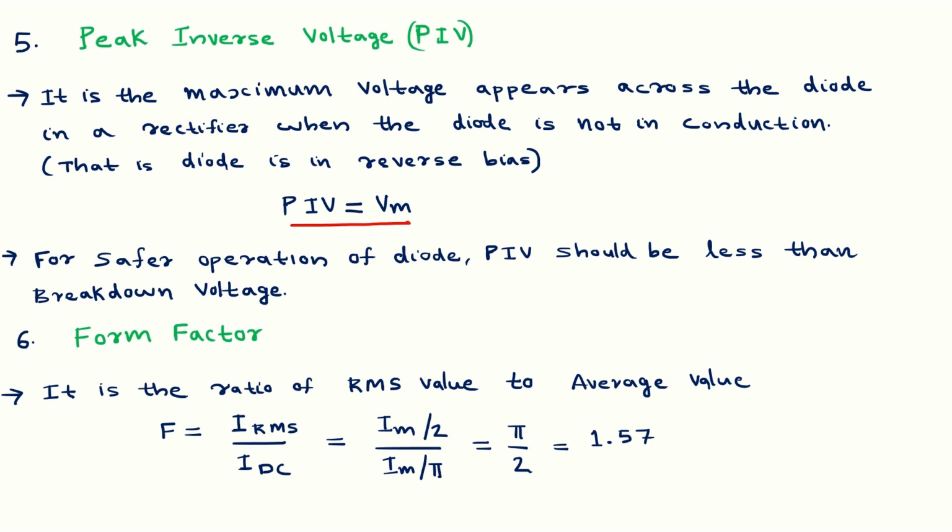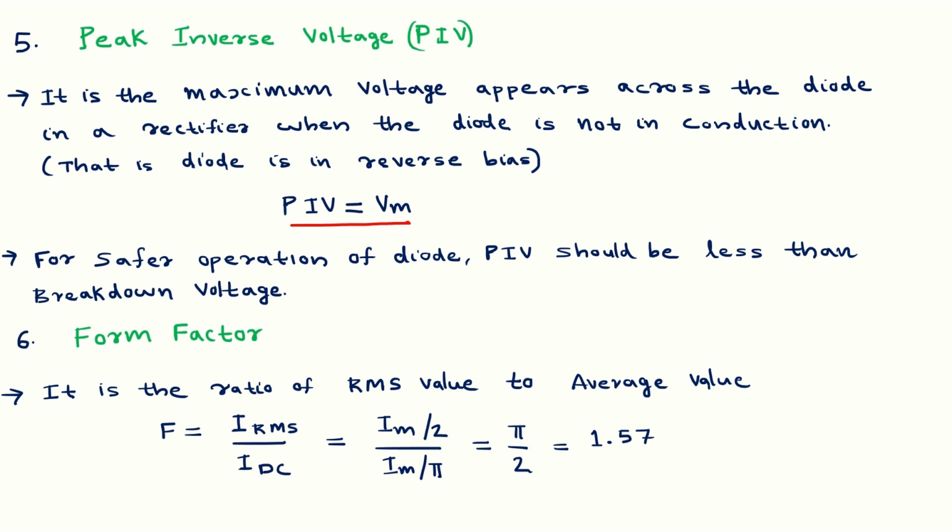So for the safer operation, the peak inverse voltage should be less than the breakdown voltage. Remember that point also.